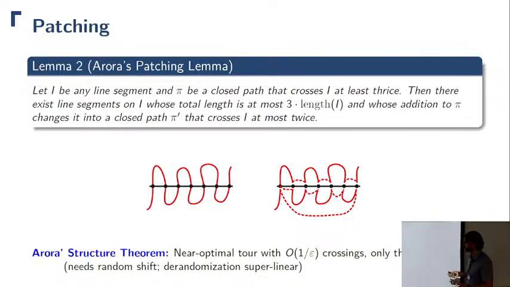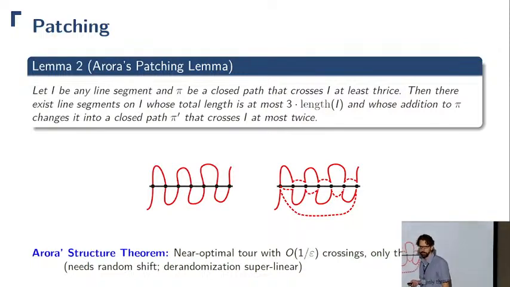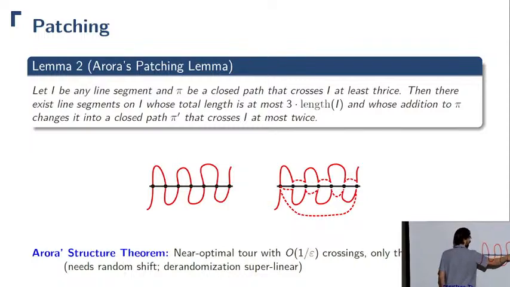This random shift is also a key property for Arora's patching lemma, because it still can happen that we have some line of this quadtree, of this boundary, that is crossed many times. And due to the random shift, we can actually show that this happens with a relatively small probability.